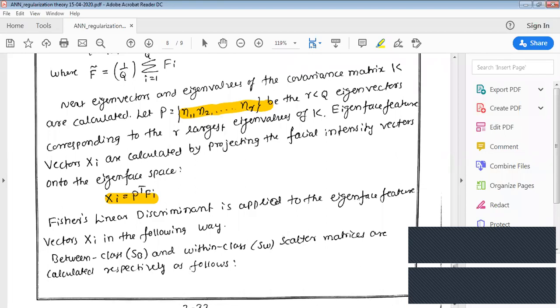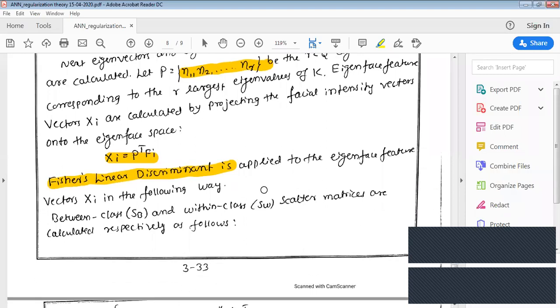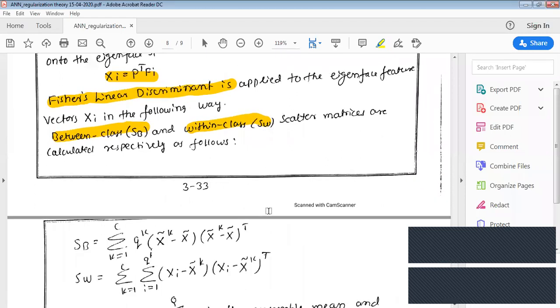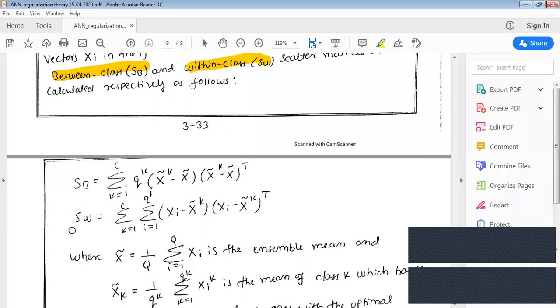So we use one more component, known as Fisher's linear discriminant, that is LDA, linear discriminant analysis, which is used on these eigenvectors, and we define two things. One is between the classes, that is between class 1 and class 2, and the other is within a class, that is within a subclass. We define two matrices, SB and SW.